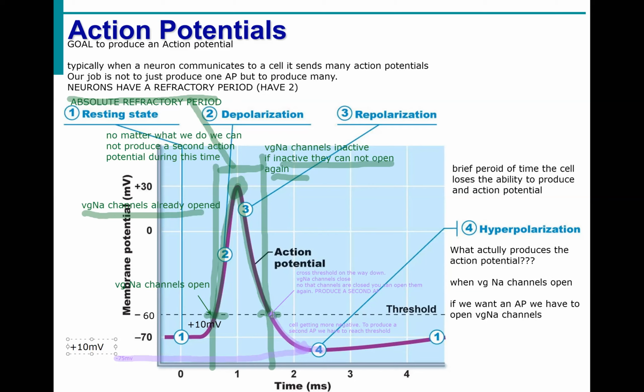So notice, once we close the channel, technically it can be opened again. But the key here is that it can be opened again, but we need a stronger signal to reach threshold.